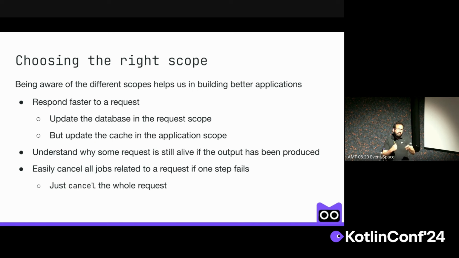And the flip side of this is that you can actually easily cancel all jobs if one step fails in your request. Imagine that at this point you decide, oh, I cannot continue, right? I need to give some kind of 404. Well, just give it, and then you cancel the whole request, and then you are completely sure that every async, every launch you've done inside this block is going to be automatically canceled. So again, something which usually would be a bit complicated has now become very simple because of this child-parent relationship.